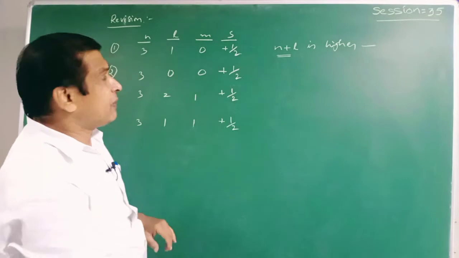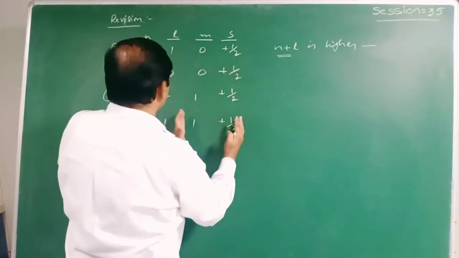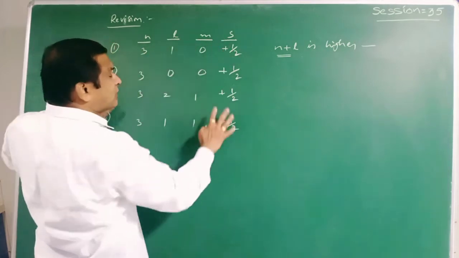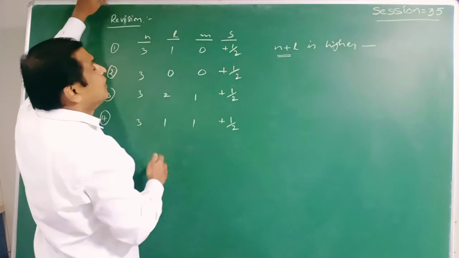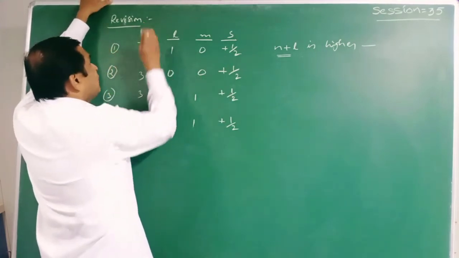That point we should remember. Now, we need not consider the m values, because all the sets of quantum number values are possible. So only the n plus l value we have to consider.